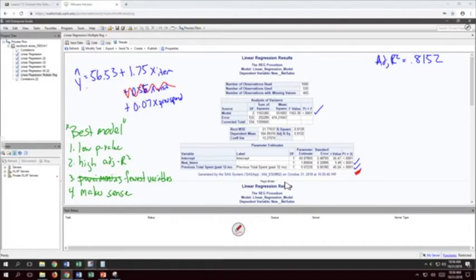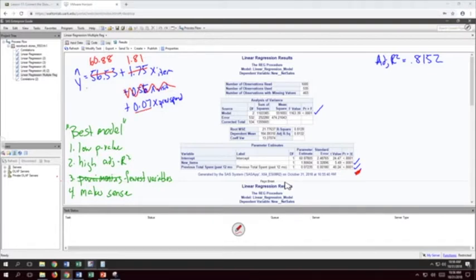So now our equation has changed a little bit. Right? This is now $60. Here we're at $1.80. We're still at 7 cents per previous.